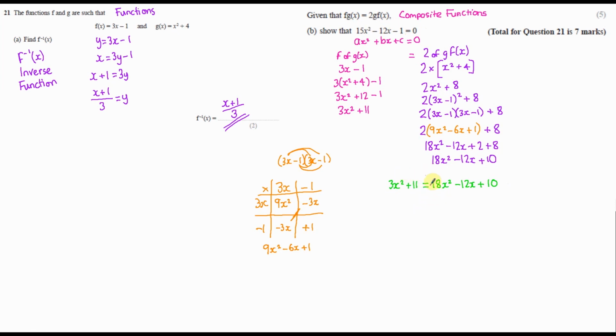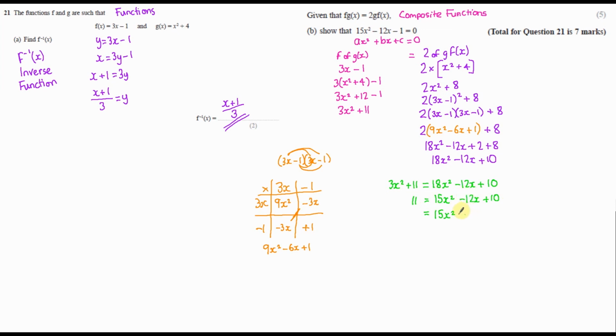Okay, so to make that equal to 0, I need to get rid of these two on this side. So if I subtract 3x squared from both sides first, that leaves me with 11 on that side, and that 18x squared minus 3x squared gives us 15x squared, and these two will stay the same. And then subtract 11 from both sides, that will stay as it was.